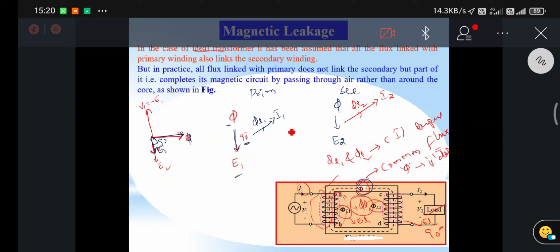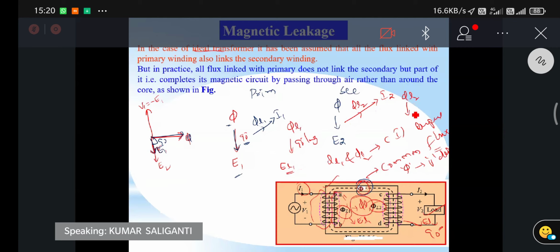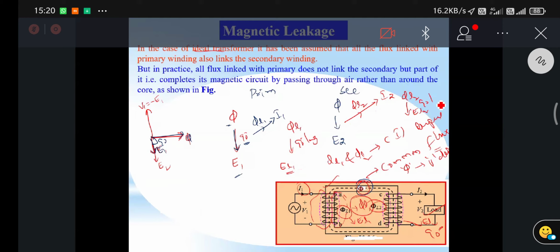So this pi L1 lags EL1, the leakage induced EMF, by 90 degrees. Similarly, pi L2 lags EL2 by 90 degrees.